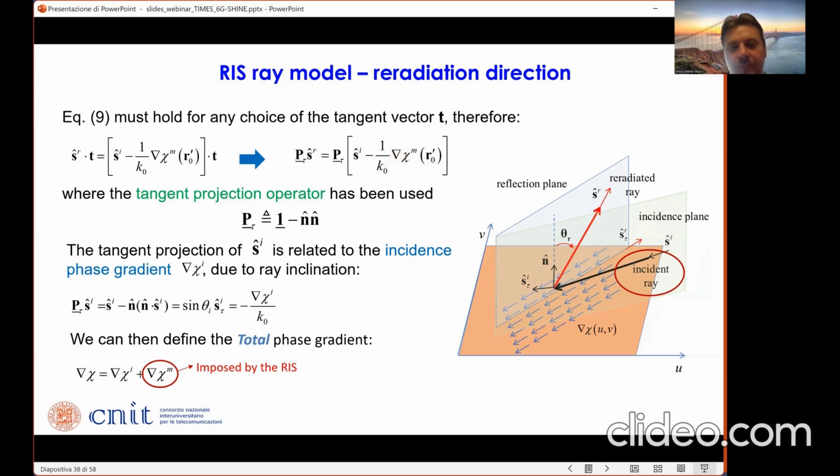Okay? This expression is composed by two parts. The first part, P multiplied by SI, is in practice what we call the incident phase gradient.